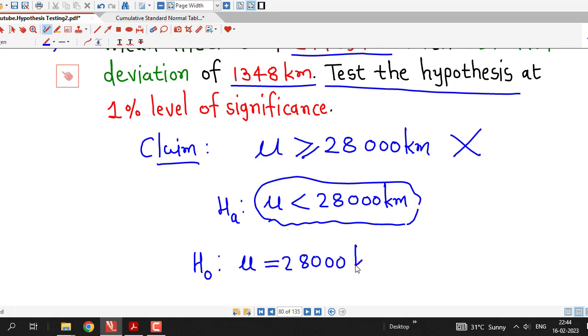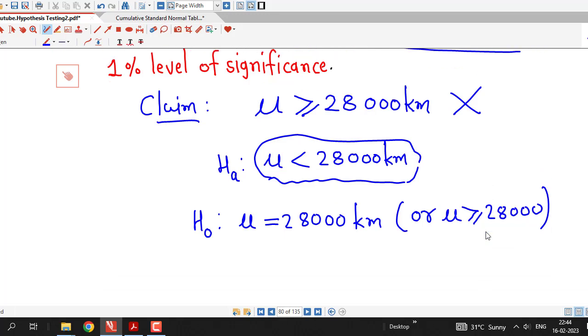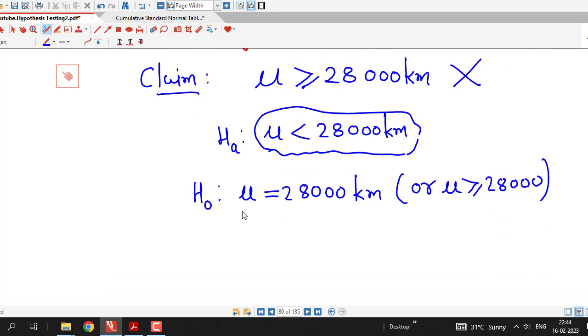28,000 km. Some authors or sources consider the claim as the null hypothesis, and that is also correct, but we are considering the equality sign in the null hypothesis.